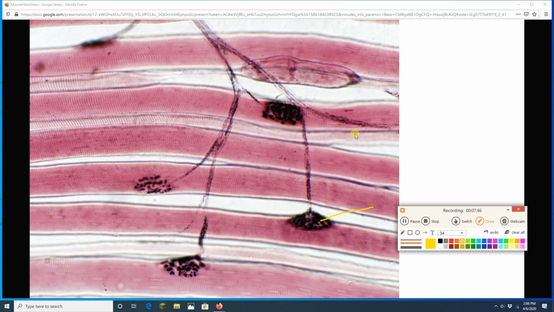Let's get an arrow instead. These dark guys here are going to be my axon terminals. Those are axon terminals, which means the part of the muscle fiber that they're near, so like the part of the muscle fiber under him, is going to be a motor end plate.